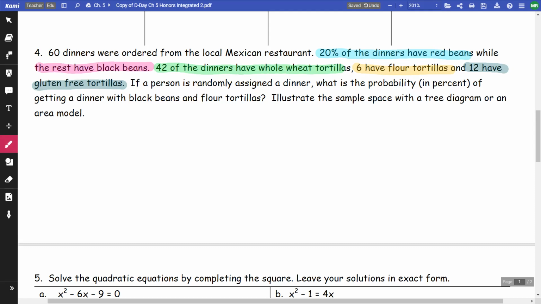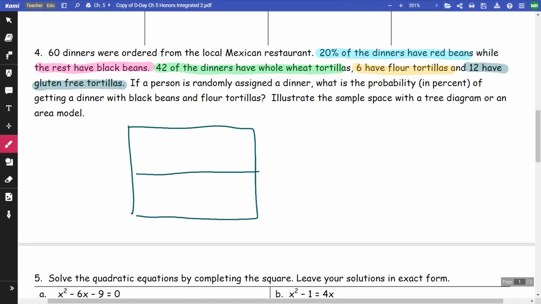So we have red beans or black beans. We have whole wheat tortillas, flour tortillas, and gluten-free tortillas. So I'm going to do a 2x3. This side is going to be beans. This side is going to be tortilla.